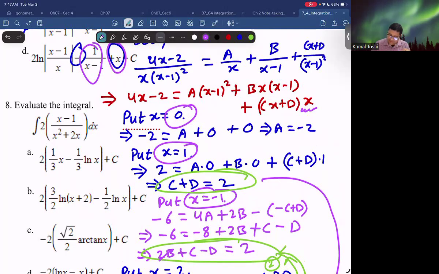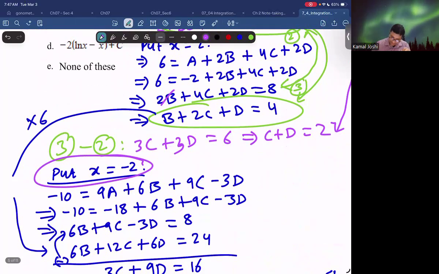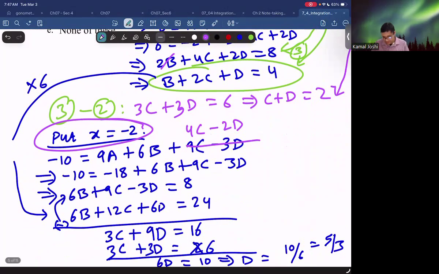Minus 9a minus 3 minus 2 plus 6b minus 2. Okay, these two I made a mistake. It should be plus 4c minus 2d, not 9. It is still 2. See, x is minus 2. Okay, so let me check with that.